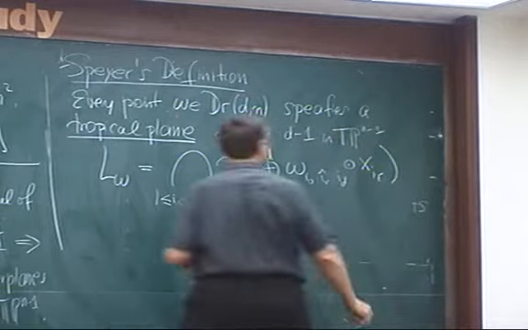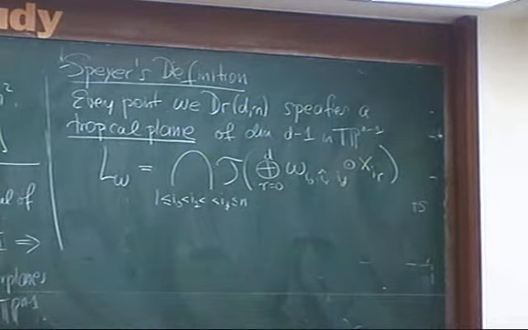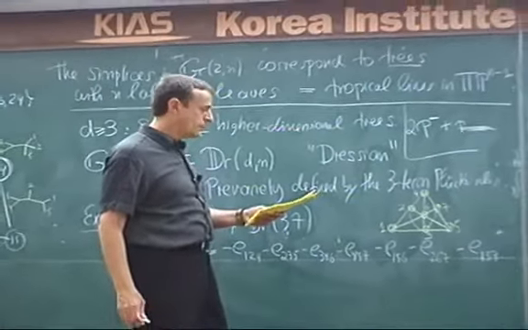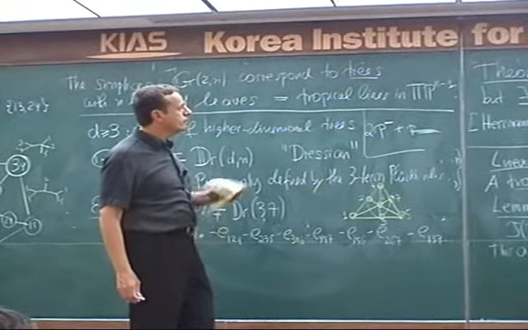Okay, that's it. So I simply intersect the tropical hyperplanes coming from all the circuits, and I use the coefficients of W to be the coefficients.